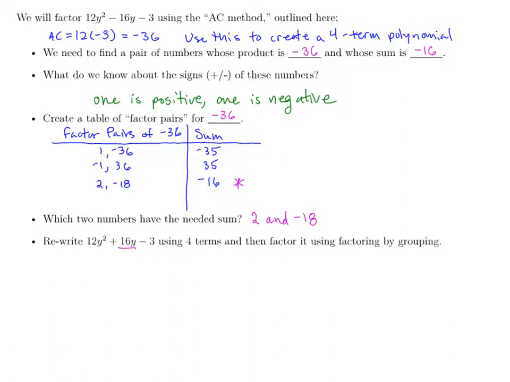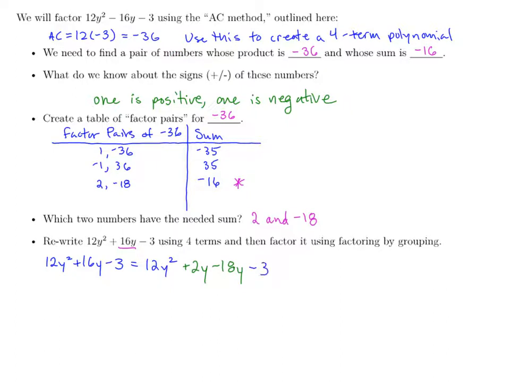So looking at our last set of instructions here, we're to rewrite 12y squared plus 16y minus 3 using 4 terms and then factor it using factoring by grouping. So we'll take that 12y squared plus 16y minus 3, and we'll write it then as 12y squared, and we'll have plus 2y minus 18y minus 3.